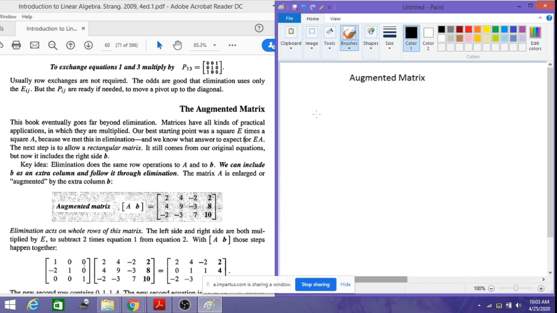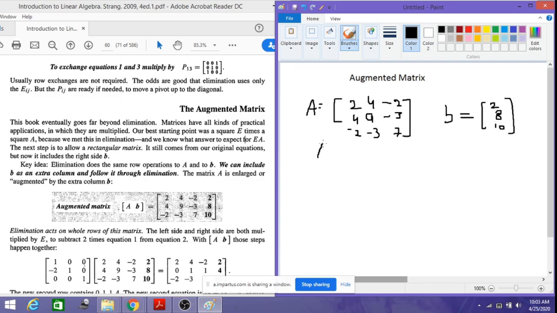So in the last tutorial we had taken an example where A is equal to 2 4 -2, 4 9 -3, -2 -3 7, and B on the right side was 2 8 10.